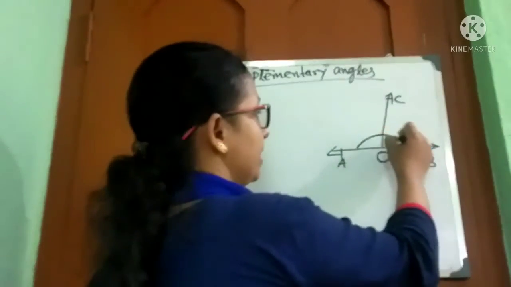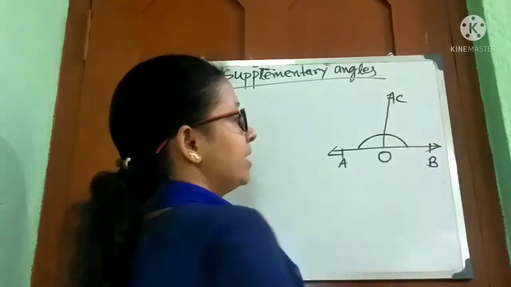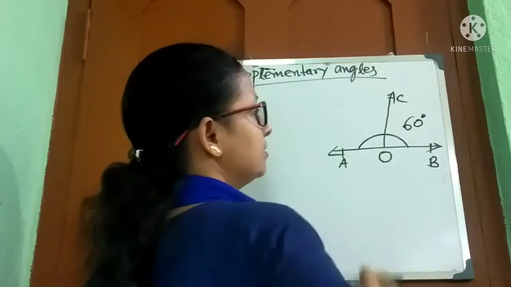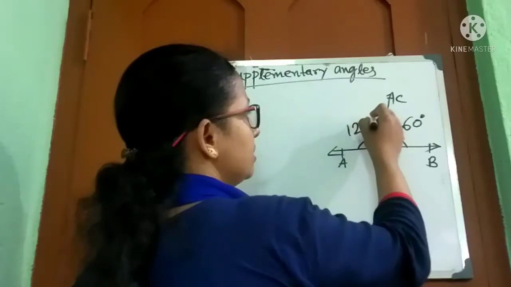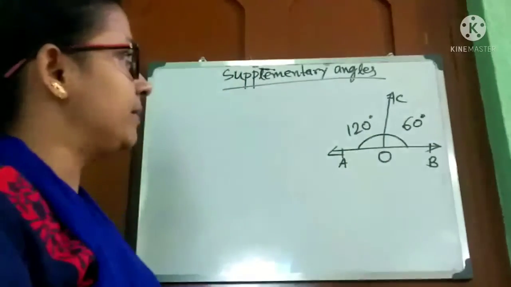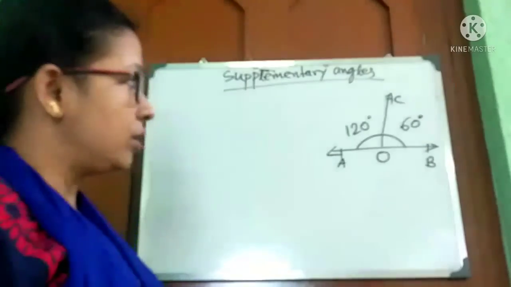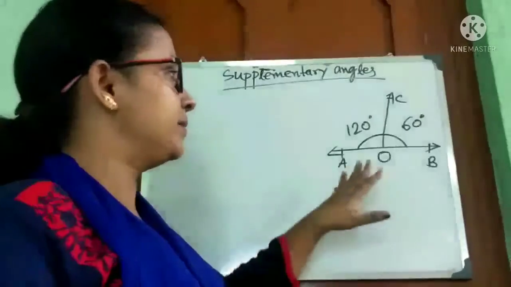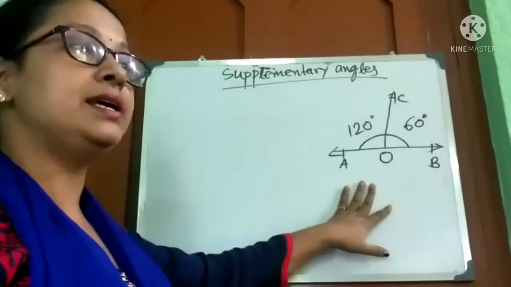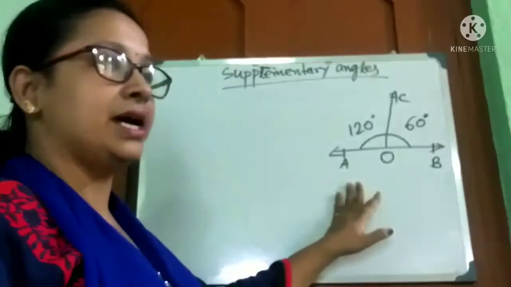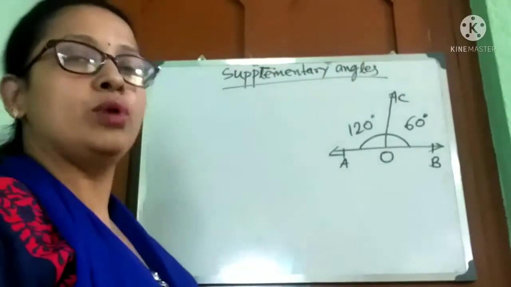If one is 60 degrees, the other will be 120 degrees. Supplementary angles always sum to 180 degrees, and we can also call them a linear pair, because they are on the same line and their sum is 180 degrees.